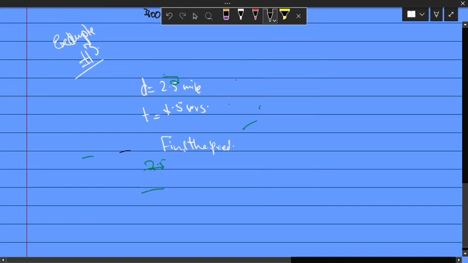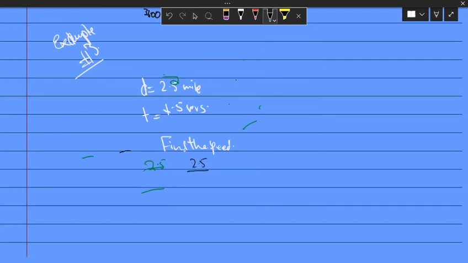Basically we have to divide 2.5 by 1.5, because the time is 1.5 and 2.5 miles is the distance. So the answer for this is 1.66 miles per hour. So this is the answer, in miles per hour.